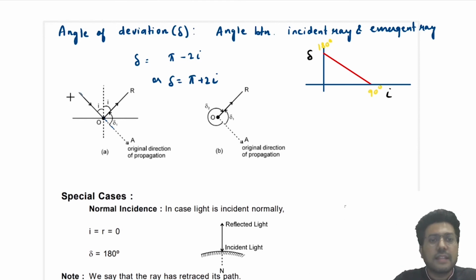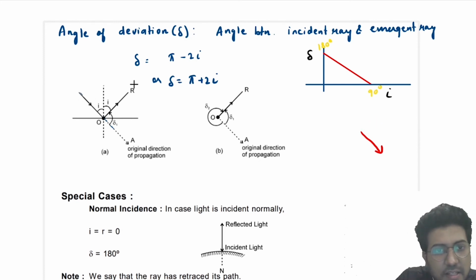So here the light is getting reflected, right? If you remember from vectors, to find the angle between two vectors you have to join them tail to tail. Here this is the incident ray vector and this is the reflected ray vector.